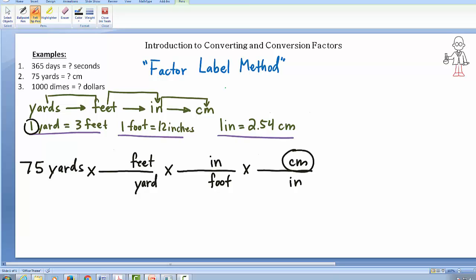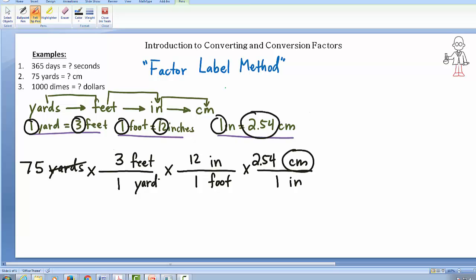So here it says that 1 yard is equal to 3 feet. Here, that 1 foot is equal to these 12 inches. And here, in 1 inch, I have 2.54 centimeters.